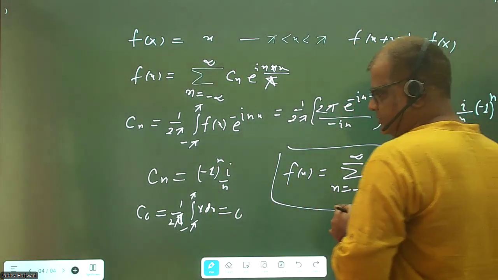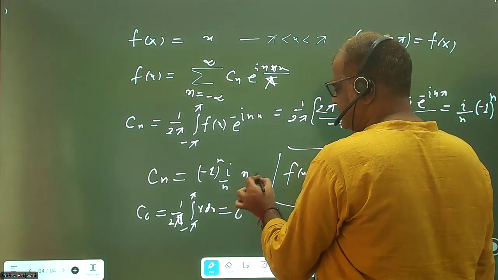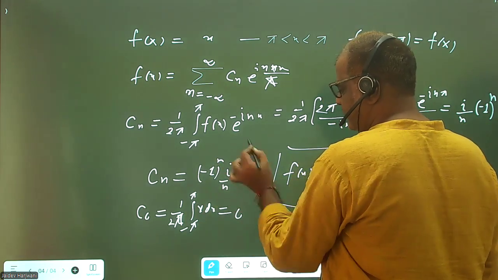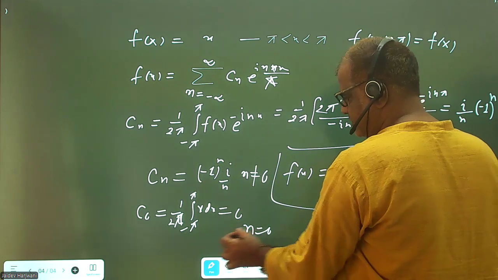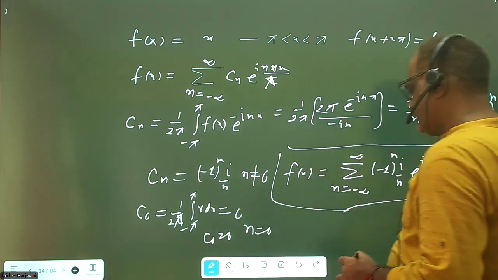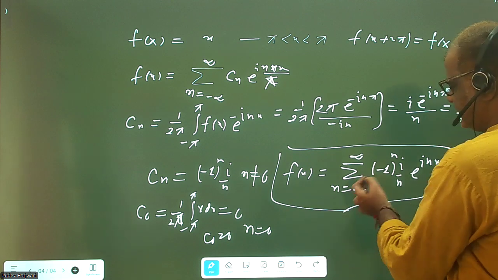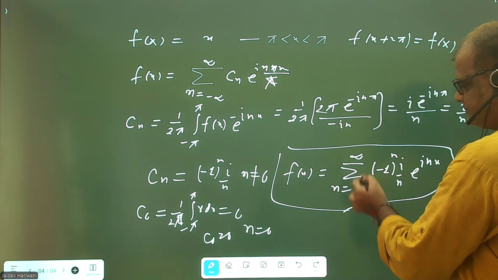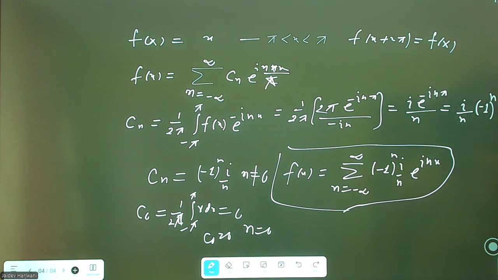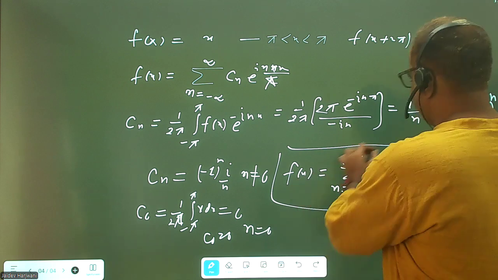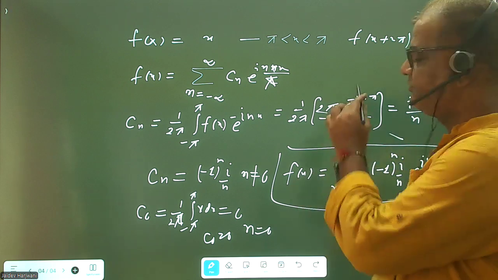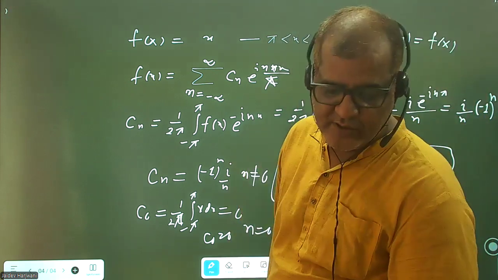So this is the term when n is not equal to 0, and for n equal to 0, your c0 is 0. So while expanding this you have to write that here. C0 is 0, and the remaining n's you can write by this expression. This is the complex Fourier series of the given function. Hope you understand the solution. Thank you very much.